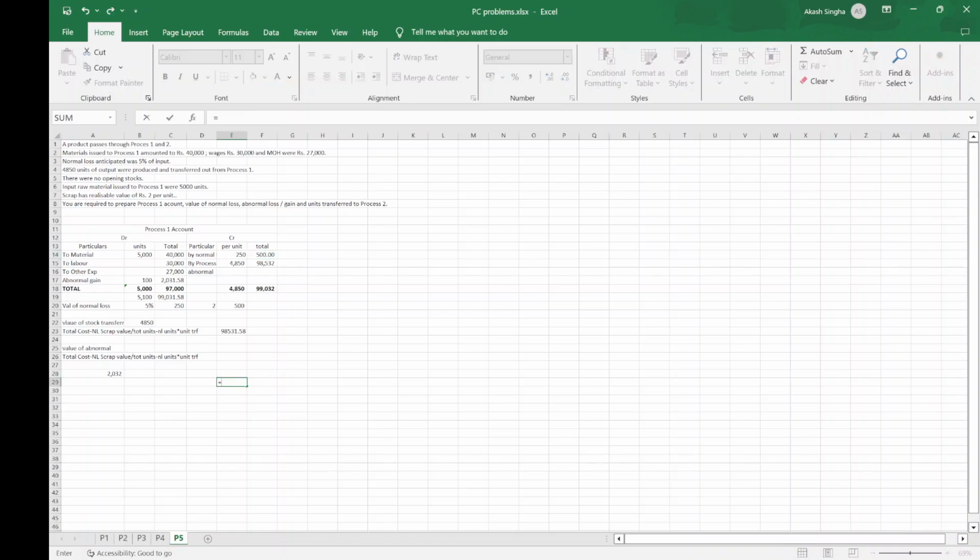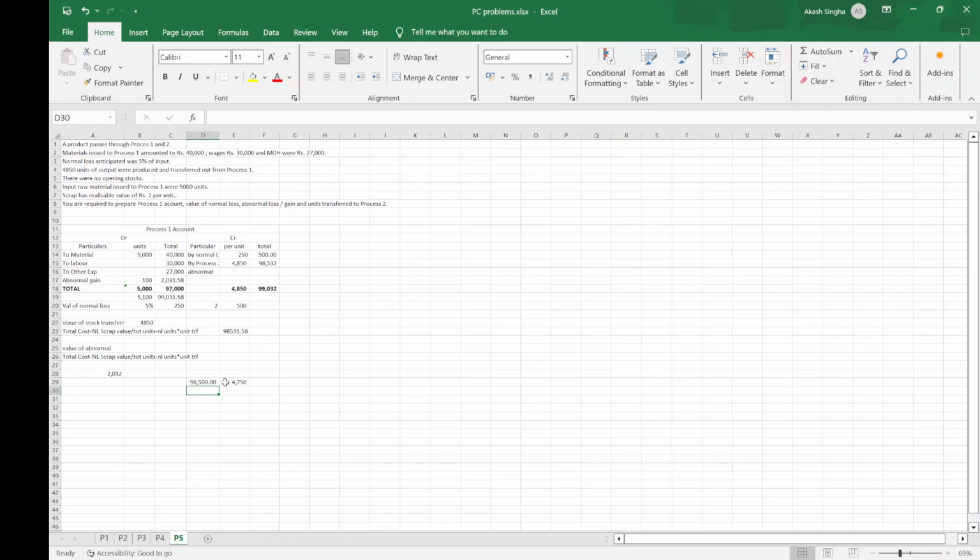So again we have to calculate 5,000 minus 250 into, okay, first one was 97,000 minus normal loss realizable value, minus realized value. This into this by process.